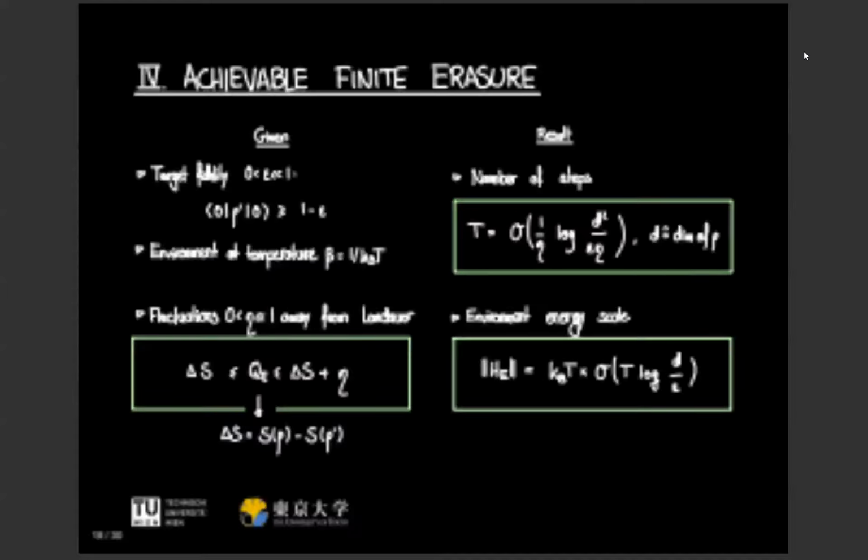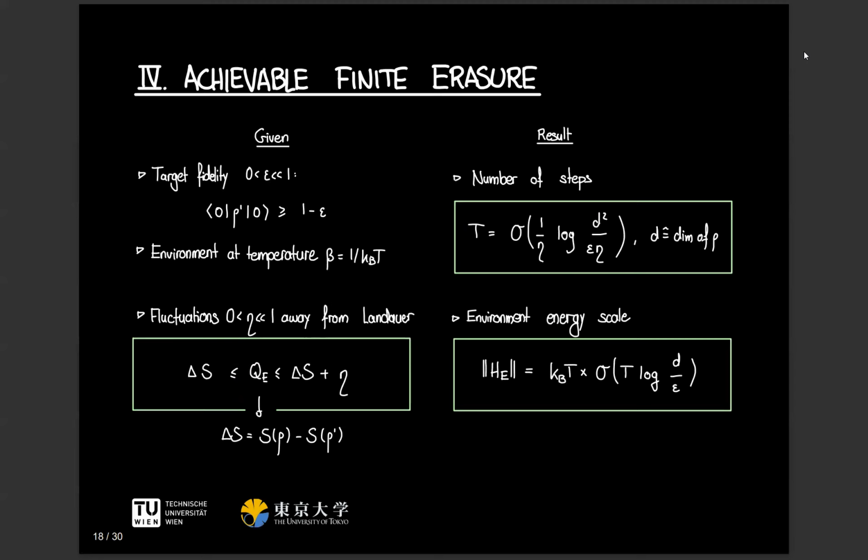And going through this calculation, we select some fidelity below our error threshold that is non-zero, choose an environment at temperature beta, and we want to have that the heat dissipation into the environment is only eta far away from the Landauer bound. So what Felix told us about is this side of the inequality, and here we find some upper bound for an arbitrary small parameter eta, and the result that we get going through this calculation is that such an erasure is achievable in a number of steps t.